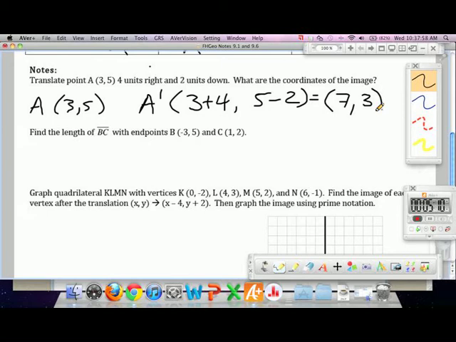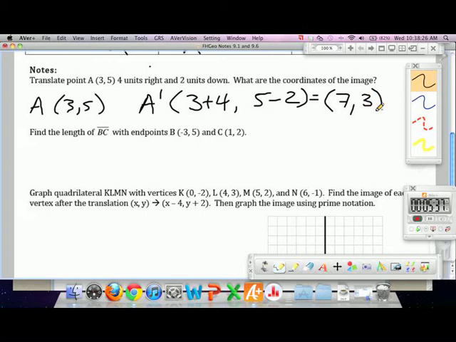Which would tell me the image, or A prime, in this case should be 7, 3, would be the image of this point, A, after the translation. If the original is here, then its image is going to be at 7, 3.